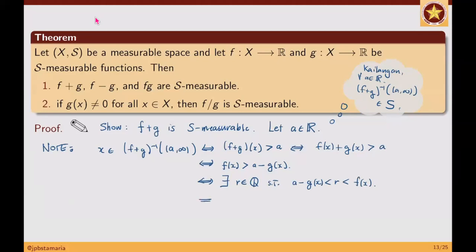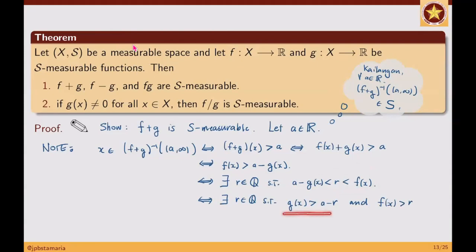Okay. So ito, i-rewrite ko ulit. I'm just going to rewrite. Hahatiin ko to sa dalawang inequality. Yung unang inequality, that's equivalent to G of X is greater than A minus R. Yung pangalawang inequality naman, that's equivalent to writing F of X is greater than R. Nakuha niya bakit?